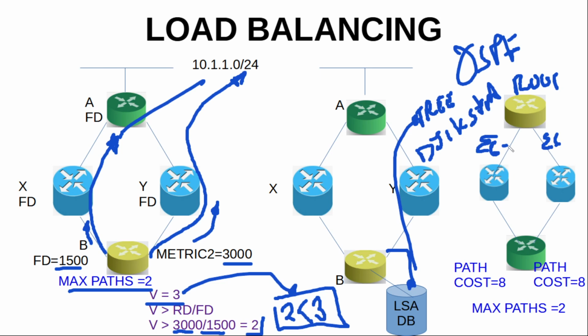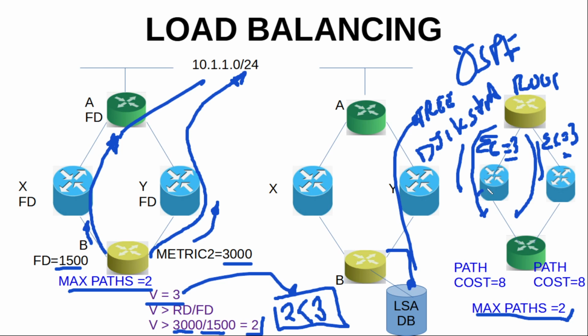So in this case, the summation of cost is 3. In this case, the summation of cost is 3. So we have two paths with the same cost. In this case, if we set max paths to 2, we will be able to load balance between these two links.